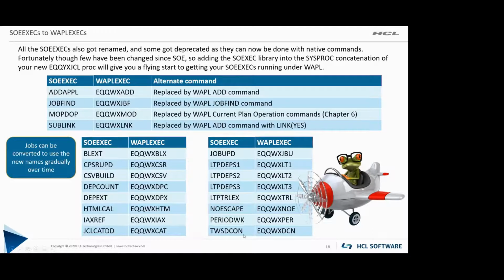But basically, this is what happened to your Soe execs. There's nothing to stop you copying these members to the old names and putting them in a library. Equally, no Soe execs were updated as part of the upgrade to WAPL. So you use your Soe exec library in your new WAPL proc and run your Soe execs from there.